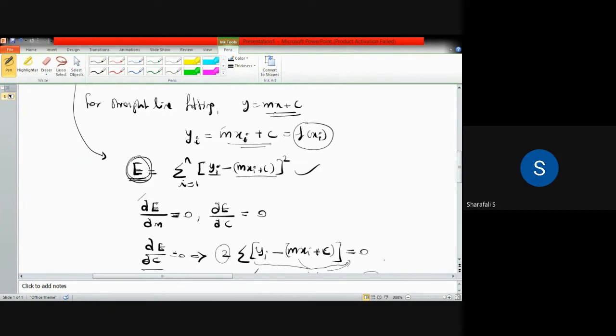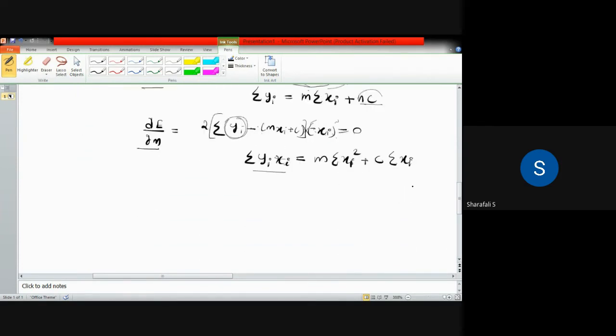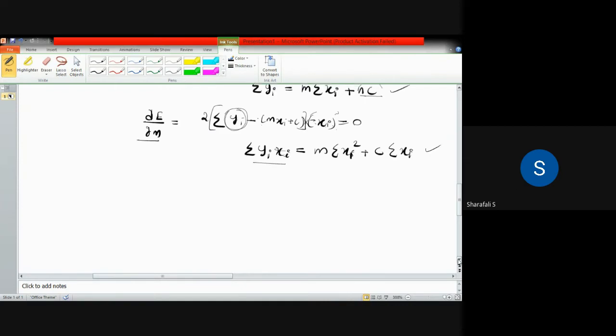To get that minimum value, dou e by dou m has to become 0. Similarly, dou e by dou c equals 0. From that, we have derived these two equations for that condition.